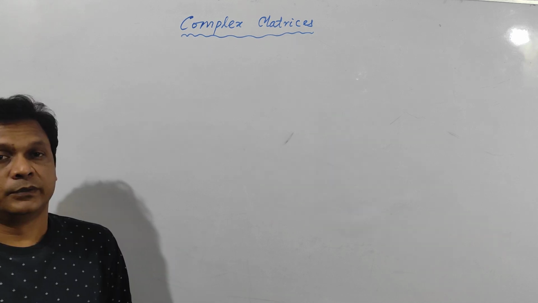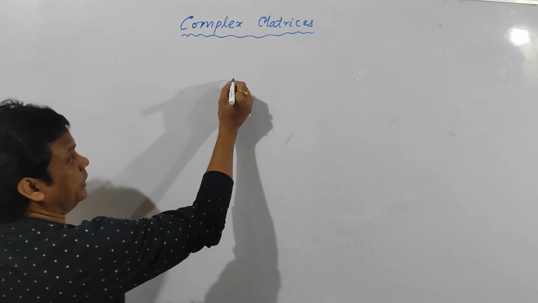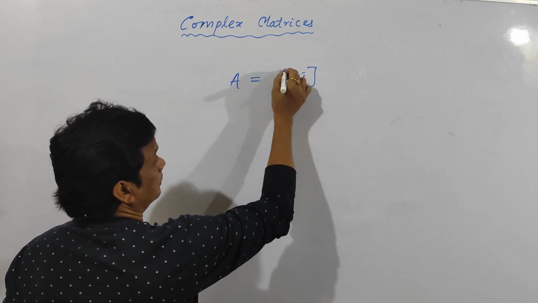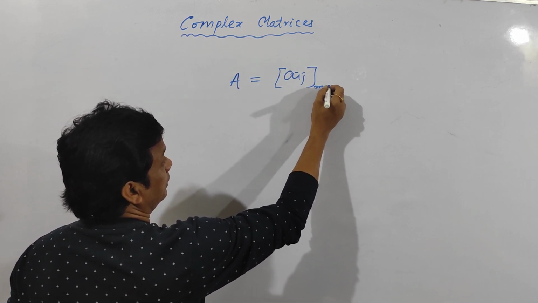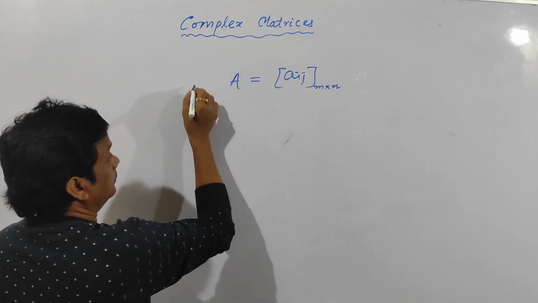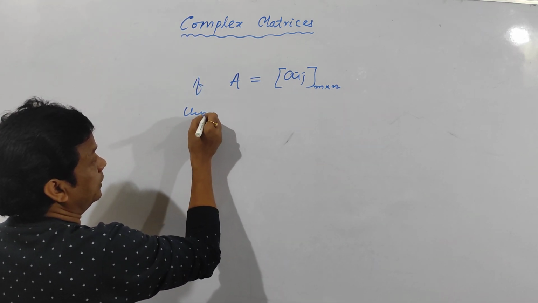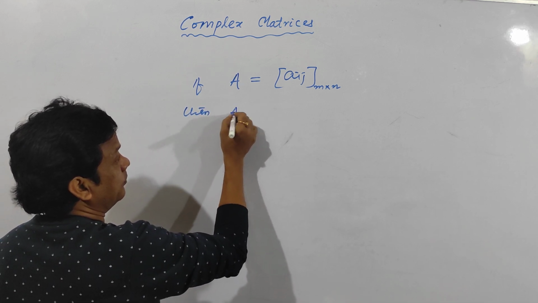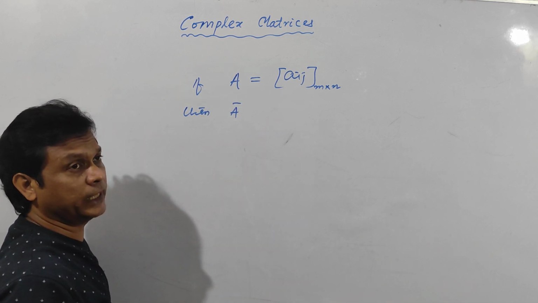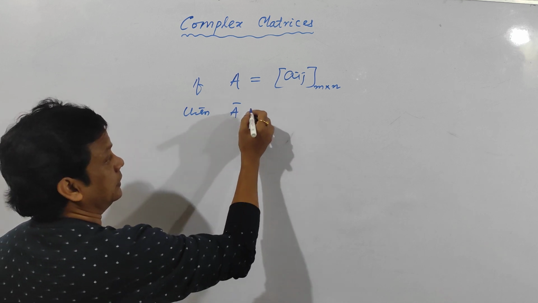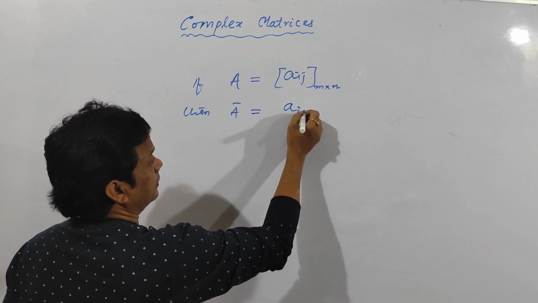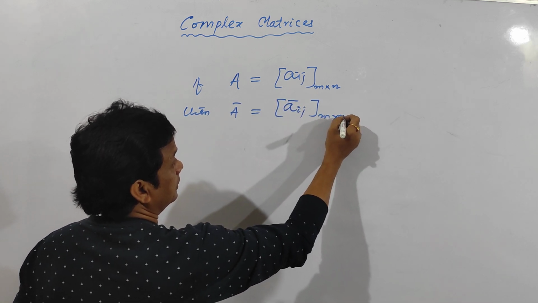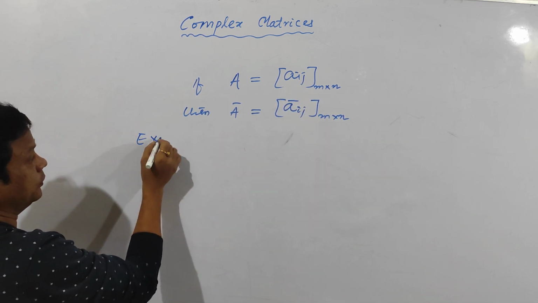Okay. See here. If A is equal to [Aij] having order m by n, then its conjugate is A bar. Conjugate of A is denoted by A bar, and simply take the conjugate of each and every element of the matrix. That means, I am giving an example.